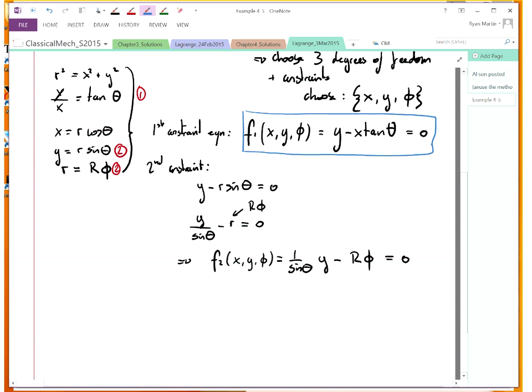So those are my two constraint equations. I guess maybe I should put 3 bars on the equal sign where I'm defining the f functions.